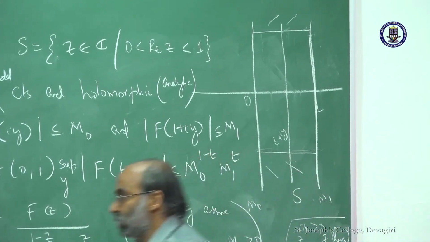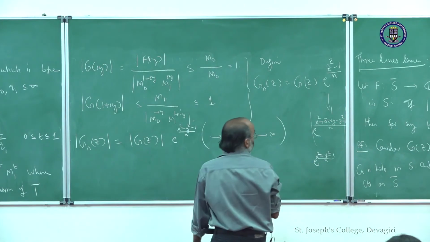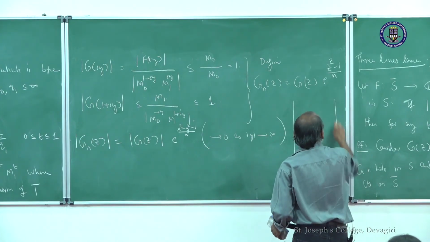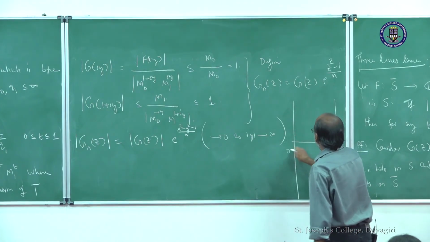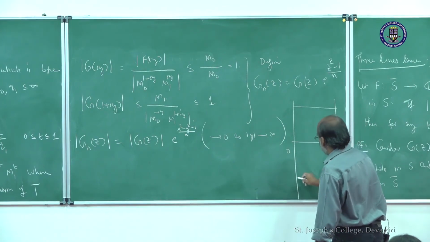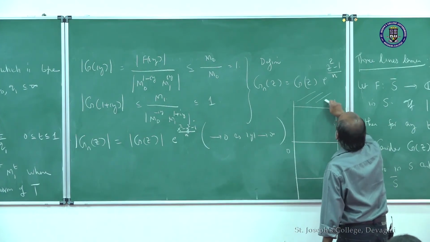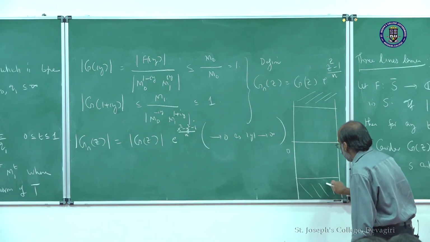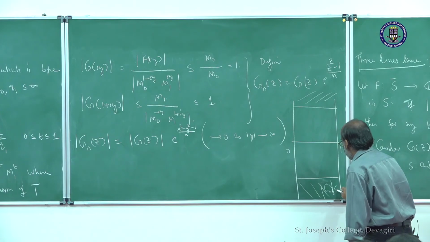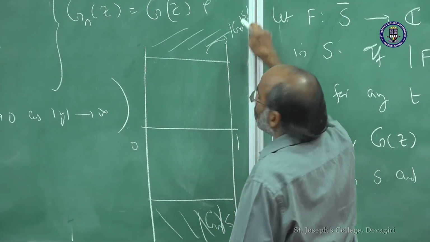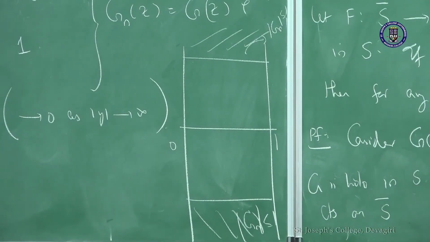So, let us write it down again, maybe draw the picture here. So, I have 0, 1. I can take a large square such that outside here and outside here mod g_n is less than or equal to 1. This has nothing to do with n, n is fixed. Okay.